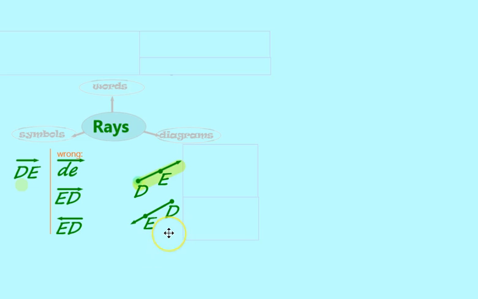Please notice that if on the diagram your ray DE goes from right to left, you still will have to make sure that the endpoint is named D. It would be incorrect to have the diagram where endpoint is named E if the object you mean is ray DE.